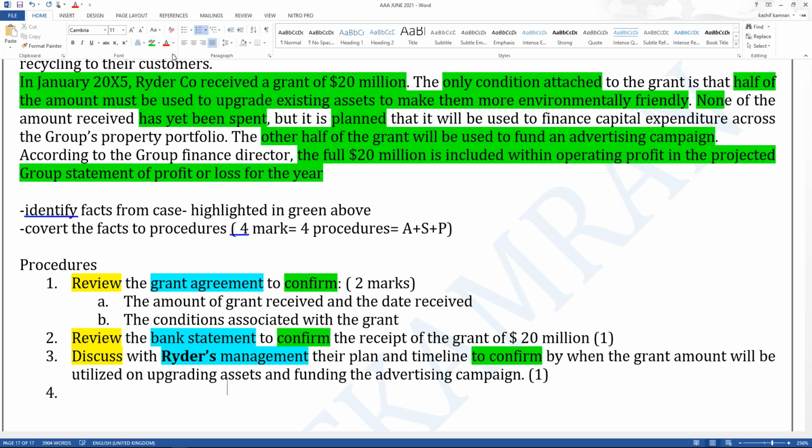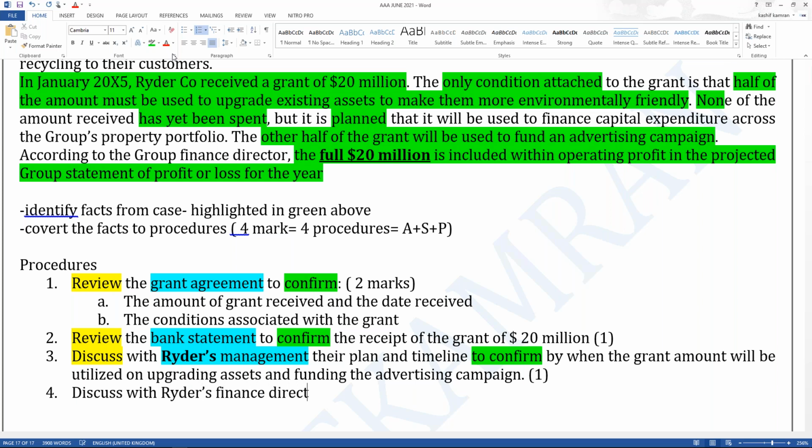You go further. Have they recognized the full amount of the grant, which is the wrong accounting treatment? So should I discuss with them why they have recognized the full amount when nothing has been utilized yet? So should I do another discussion? Discuss with Riders finance director. I think that would be more appropriate. So I put a specific person here, right?